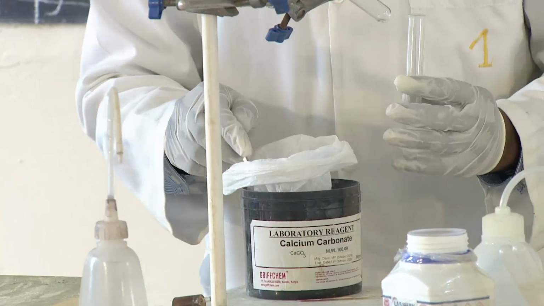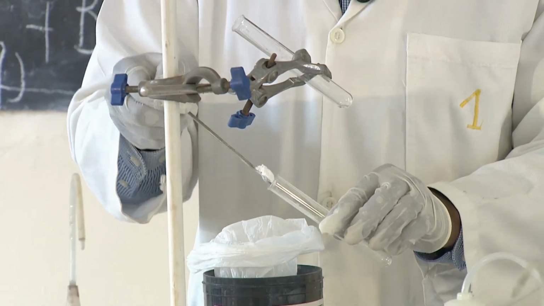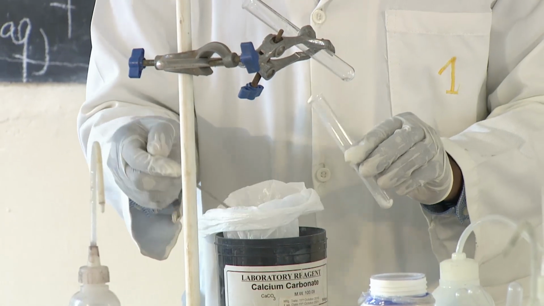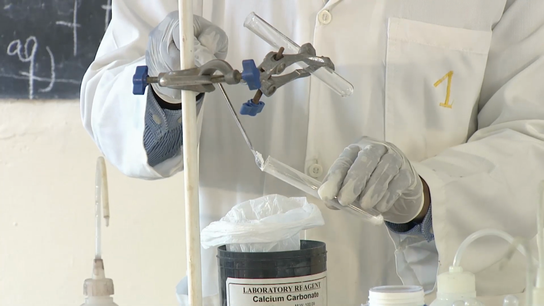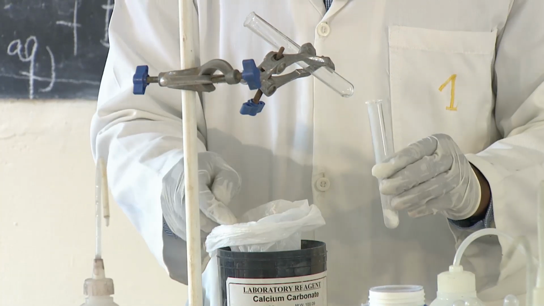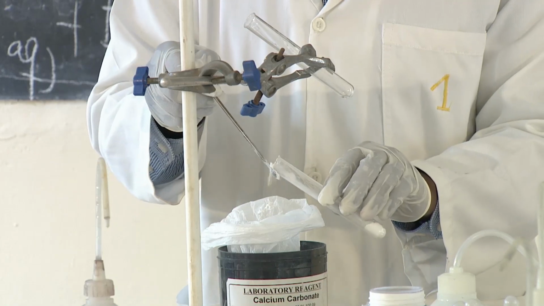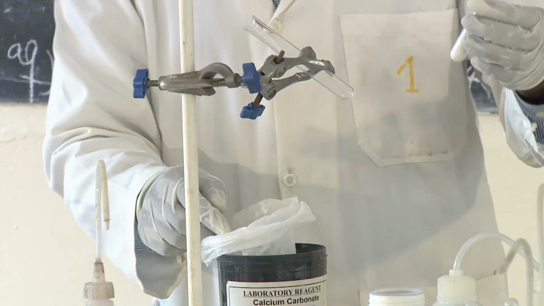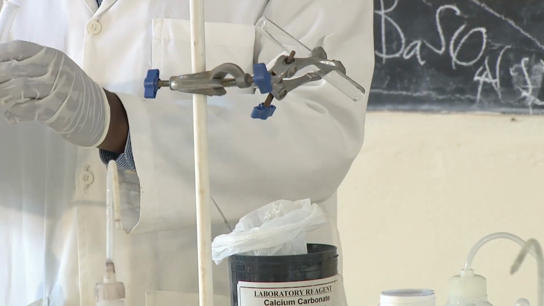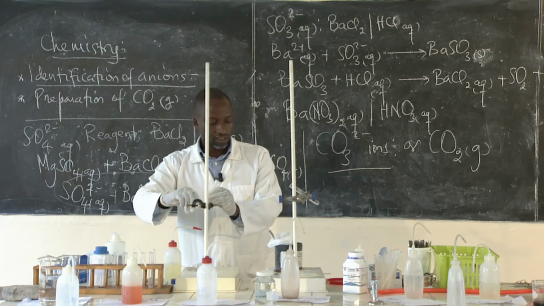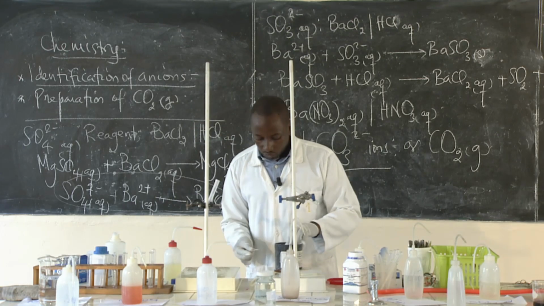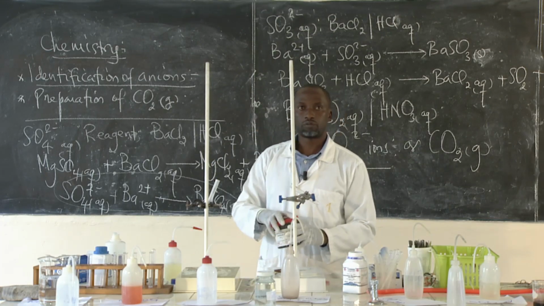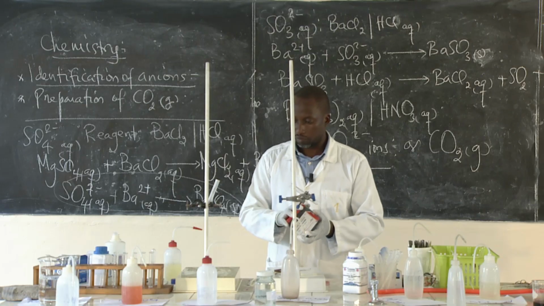If you remember what we did with the chlorine and the sulfur dioxide, we are just going to do the same and produce the gas. So if we produce the gas, how do we test for the carbonate or the carbon dioxide in the lab? I hope you still remember this.